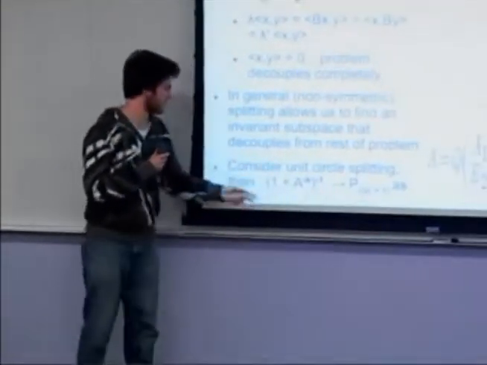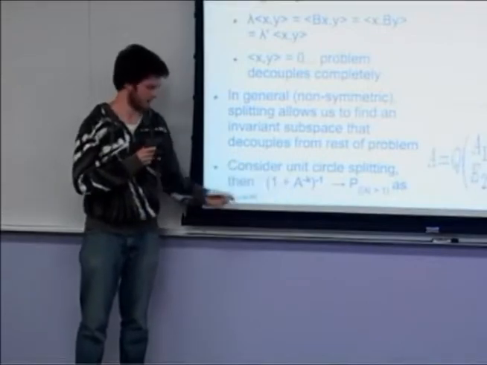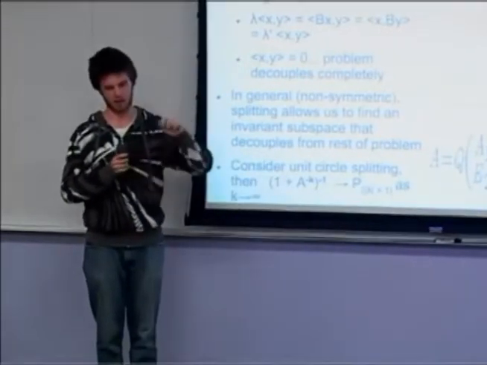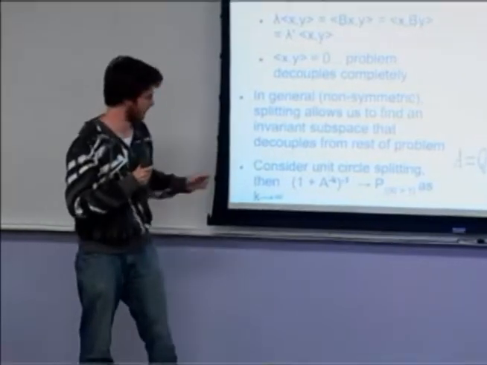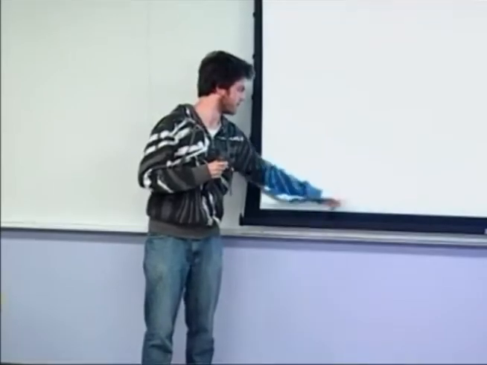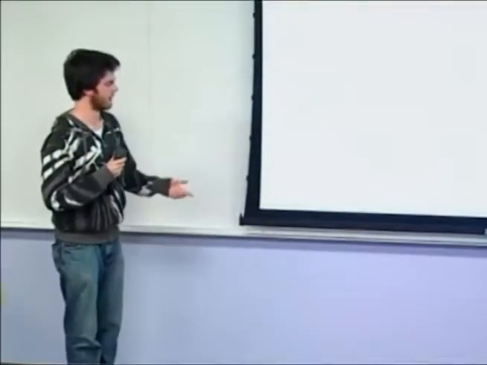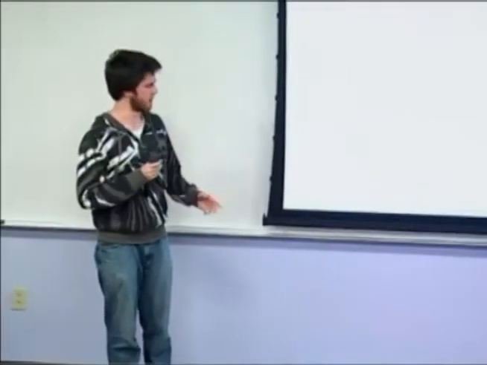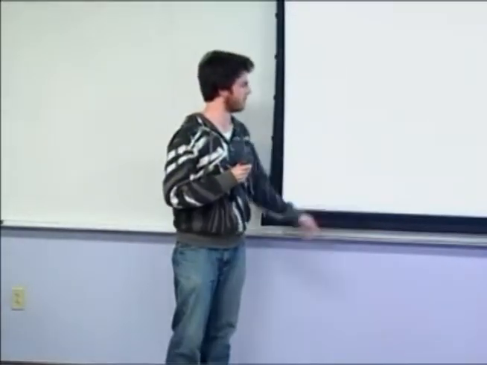And the basic argument is that if you have a matrix A^k, this will basically split the eigenvalues in terms of eigenvalues of modulus greater than 1 and modulus less than 1. If you act on this matrix with an eigenvector corresponding to an eigenvalue greater than 1, it's going to map it to the same vector, and if it's less than 1, it'll map it to 0.